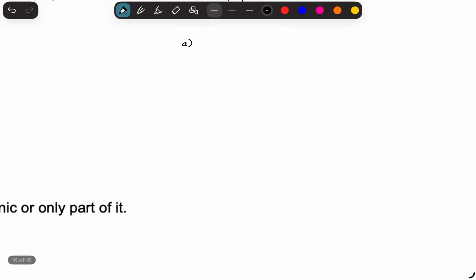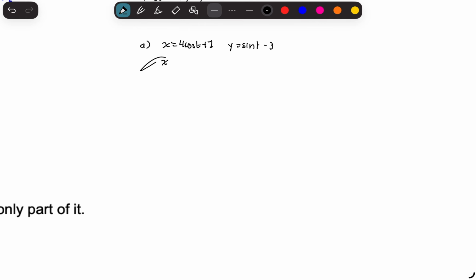So we're going to solve for cosine t and sine t. So cosine t is equal to (x minus 1) divided by 4.